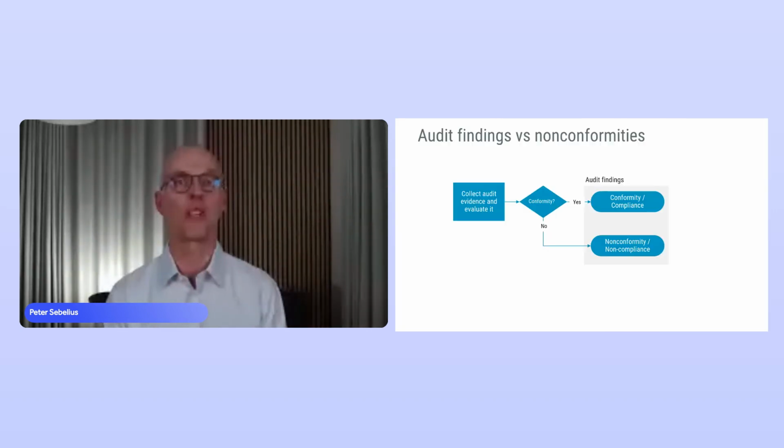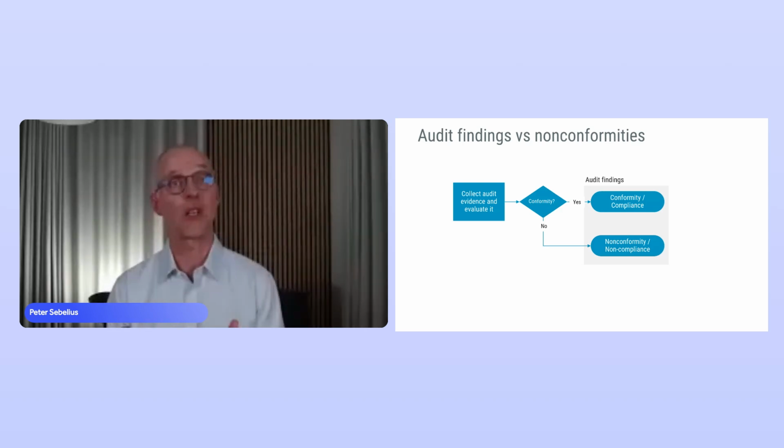So one way to ensure you are objective when auditing is to use a special way of writing the nonconformities. You could say it's a method or a pattern that will help you ensure that you don't make up subjective nonconformities. But before we get to that, why do I say nonconformity and not audit finding? We got a few references in the questions before the webinar to audit findings.